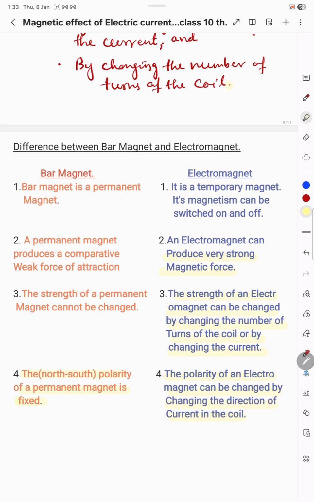So when the current flows in the upward direction, we have seen the magnetic field will be moving in the anti-clockwise direction, and when the current flows in the downward direction, the magnetic field will be moving in the clockwise direction. So the polarity of the magnetic field can be reversed by reversing the flow of current.